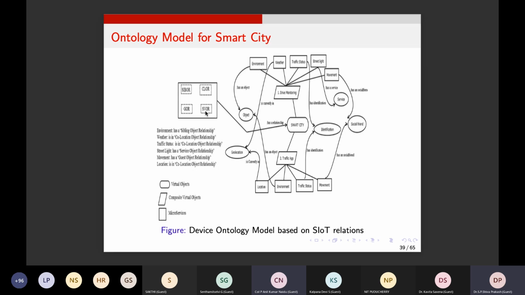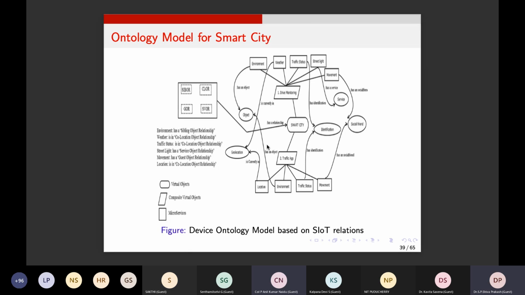If you observe this, there is a set of relationships that are already available, and these relationships have been imposed on the smart city applications. And we try to divide or represent this as a virtual object, composite virtual object, and also microservices.